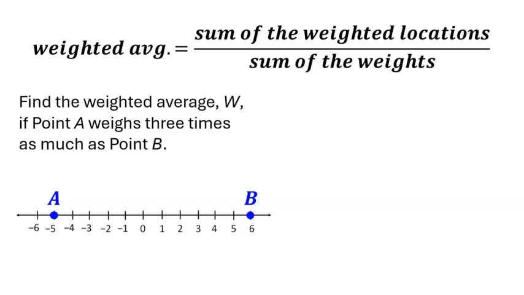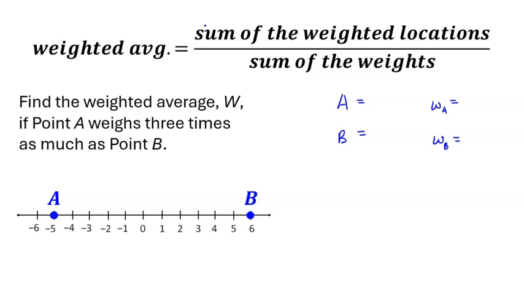When you go to set up your paper for this, first let's list out the locations that are being talked about in this particular problem. So they're talking about location A and location B. And then right next to those, we're going to put the weight of A and the weight of B.